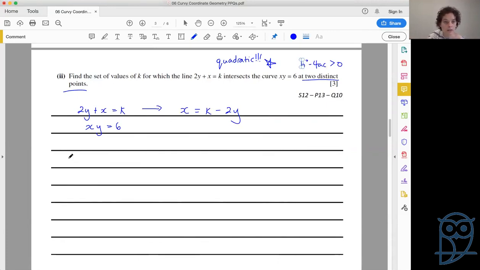So, for the intersection equation, we're going to say (k minus 2y) times y equals 6. So ky minus 2y squared equals 6, and then we move everybody over because we like a happy quadratic.